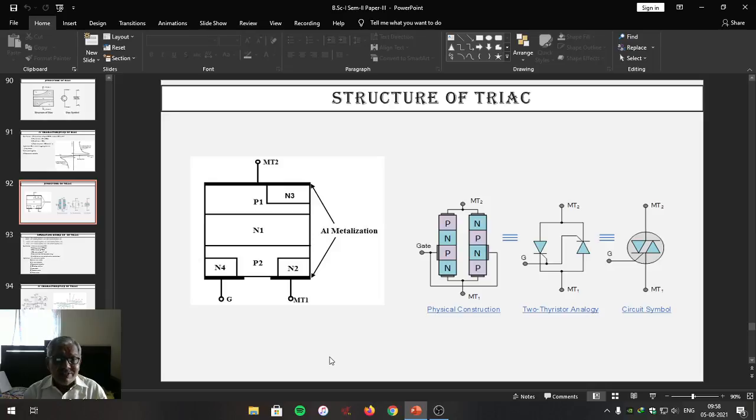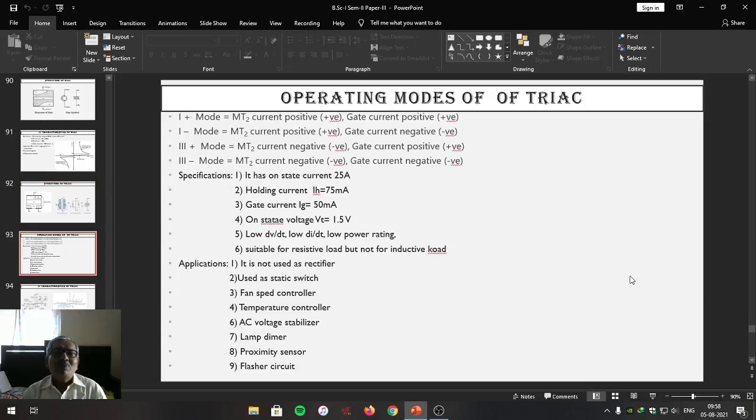But friends, generally, a triac will work in 4 modes of operation. Those 4 modes of operation are discussed here. First mode, for which we can get the characteristics in the first quadrant, that is quadrant 1 plus mode, where MT2 is positive and gate current is positive.